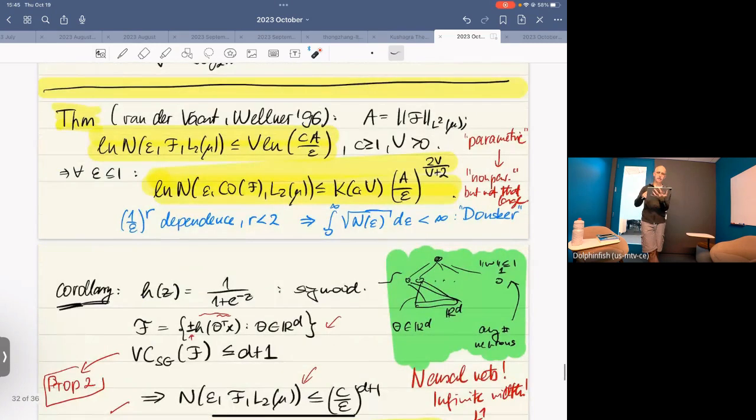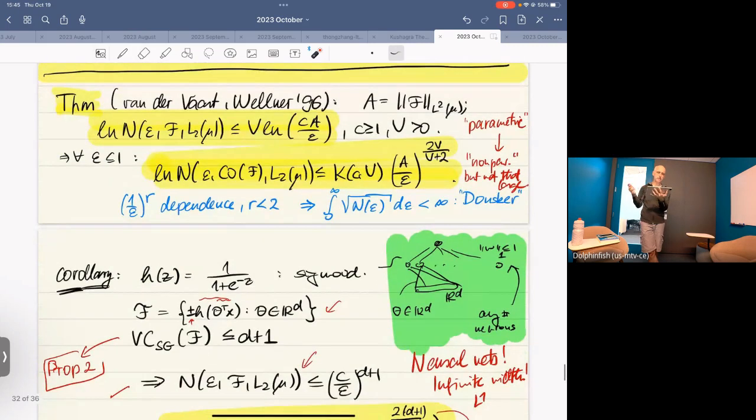After some work, you can arrive at a theorem like this. If you have a VCH class F, and you take the convex hull of the VCH class, then what happens is that you take the dimension V, multiply it by 2, and then divide by V plus 2.